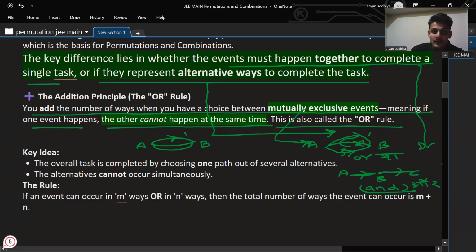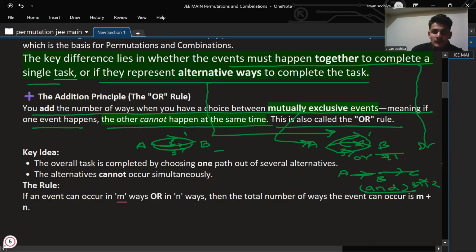In this scenario, I missed these both paths. In the second way, I went from this path, so I missed the first and third paths. If I'm going from the third, I missed the first and second. So these are mutually exclusive events to complete a task. One event can take place, and the other will not take place if one is taking place.